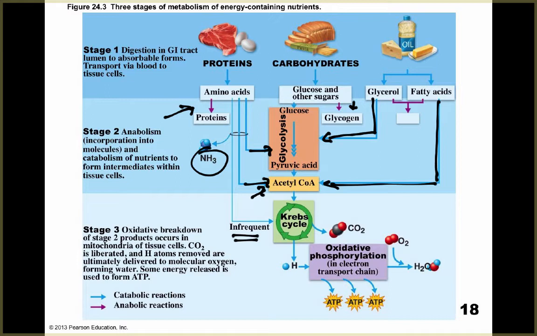And so basically, at this point, most everything has gone into some other stage, except at some point, sometimes infrequently, proteins or amino acids can go into the Krebs cycle. And this is a process that you start making ATP through essentially reactions.